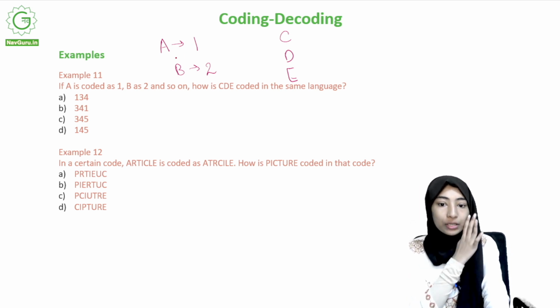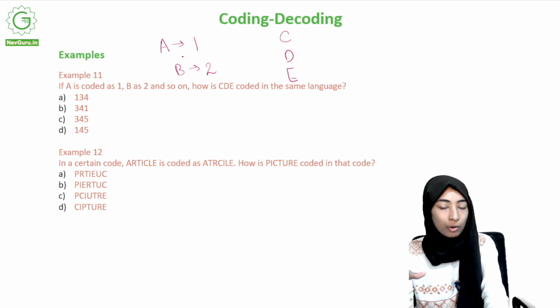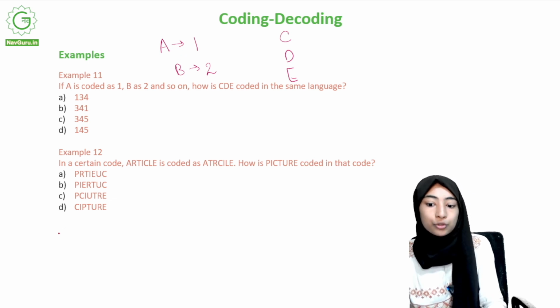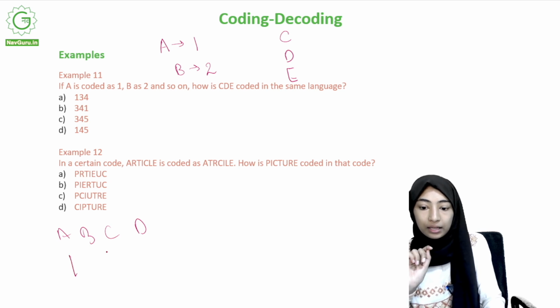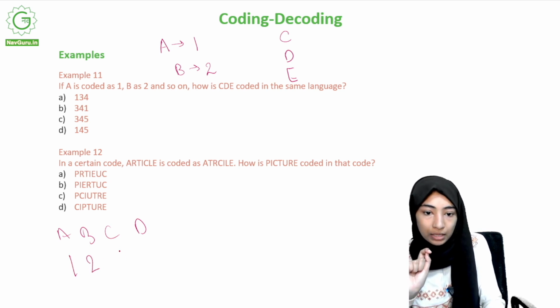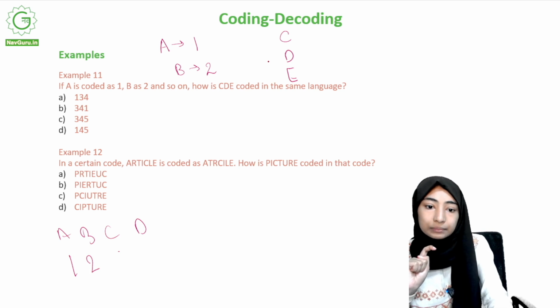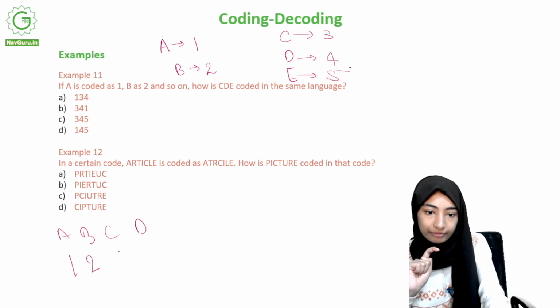This is the actual number correspondence of A, right? Like we used to do, how we used to write this whole set. So we would see that A becomes 1, B becomes 2. So in the same case, C would become a 3, D would become a 4, E would become a 5. Okay. So the CDE would be 3, 4, 5.